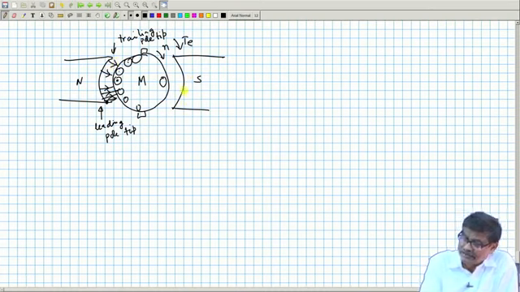Similar thing happens here. Which one is the leading pole tip? This one. Lines of force will be concentrated, and it will be rarified there.